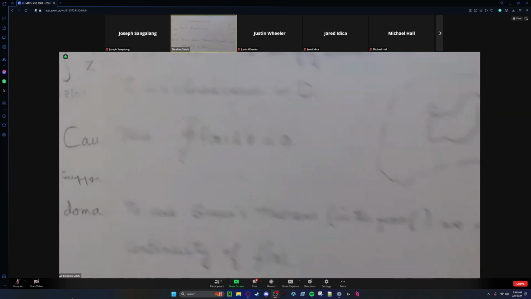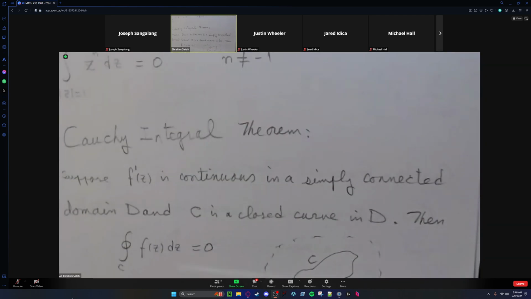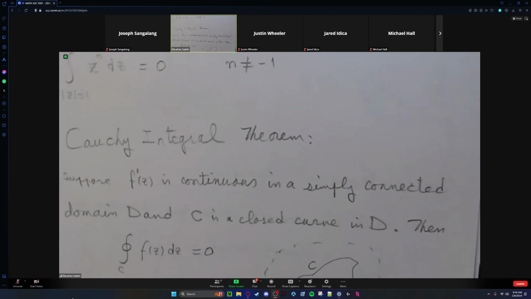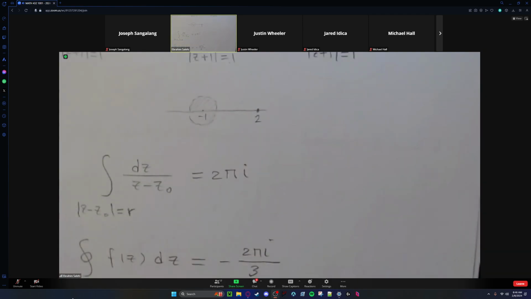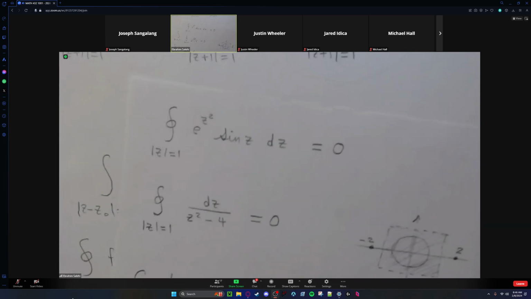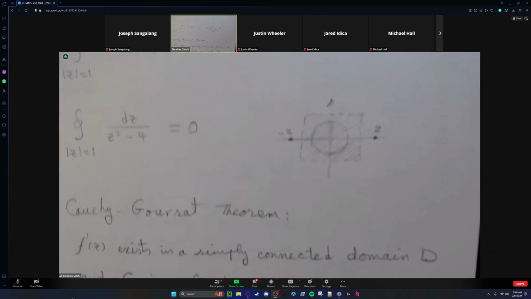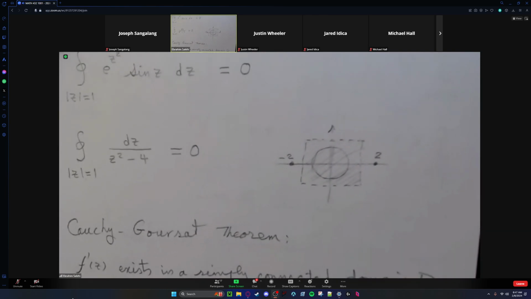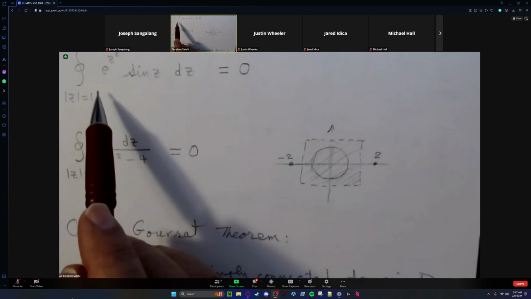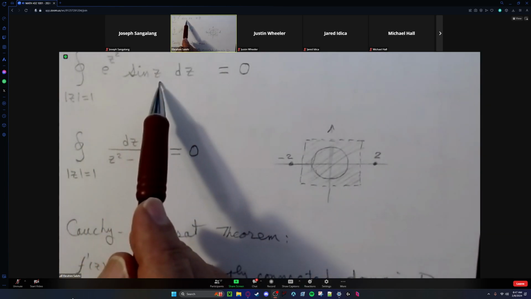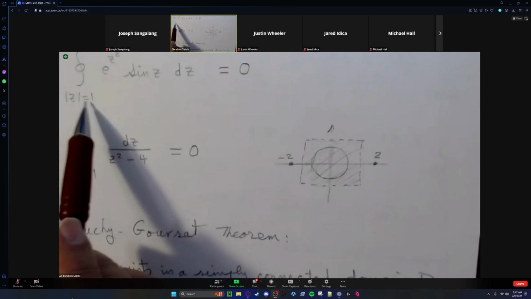But later, another mathematician found out that, yeah, we really do not need that continuity. But here is an example, right? Here's the example that, look, we are integrating this function over the unit circle.